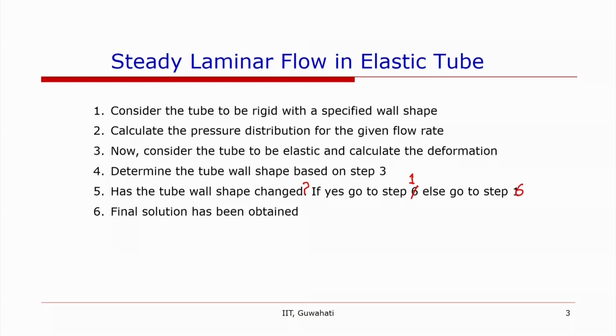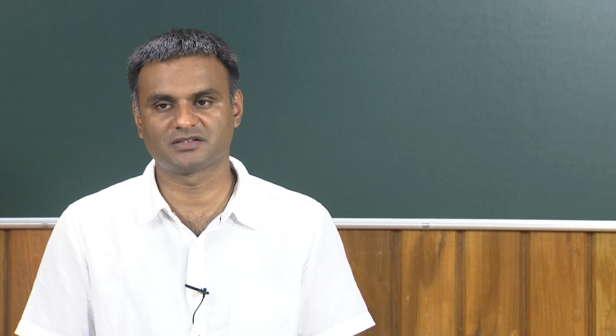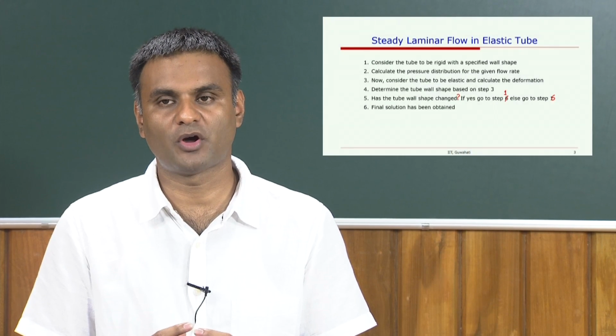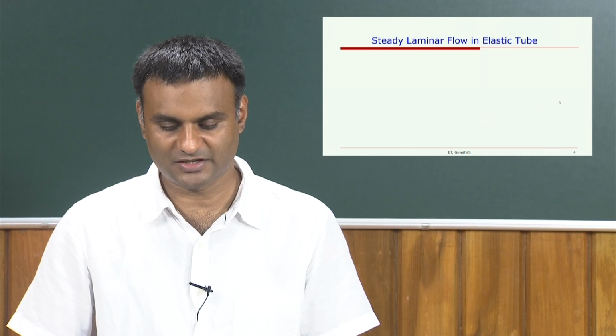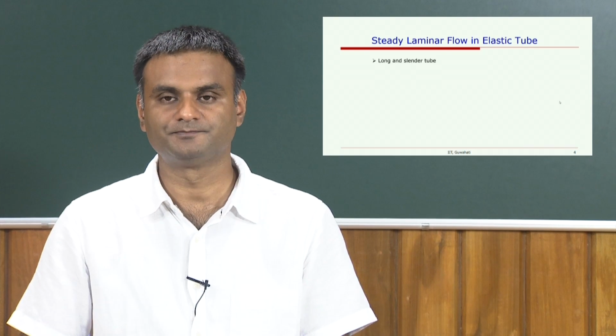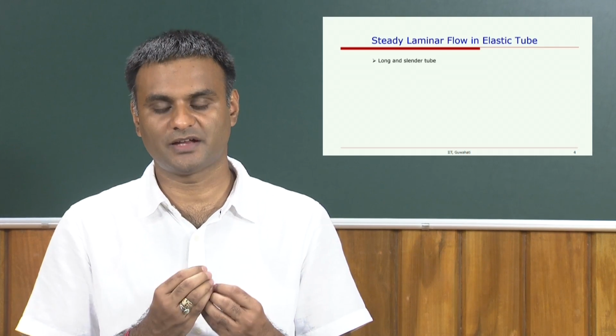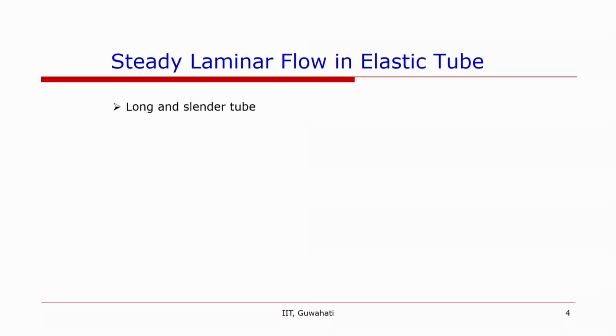So, let us try to do it for a simpler case where we assume Poiseuille's law to be valid. We will need to make some assumptions to do that. First, we consider that the tube is very long and the entry and exit effects can be neglected. The tube is a cylinder.